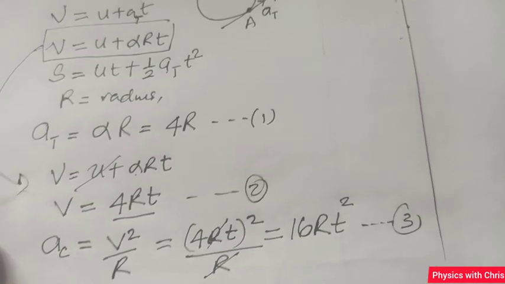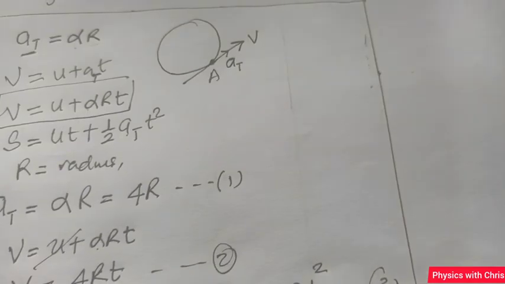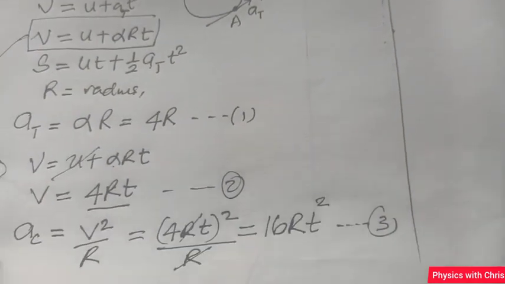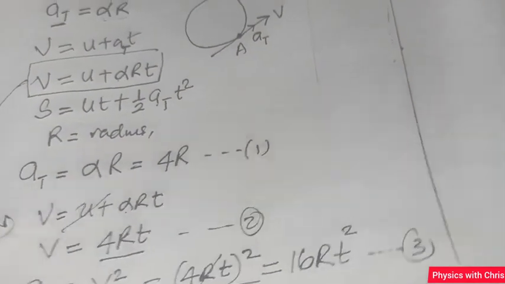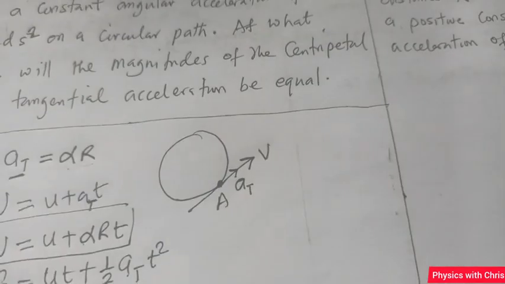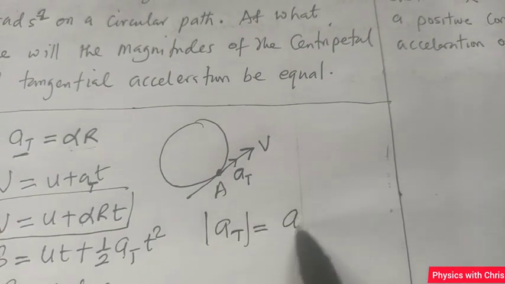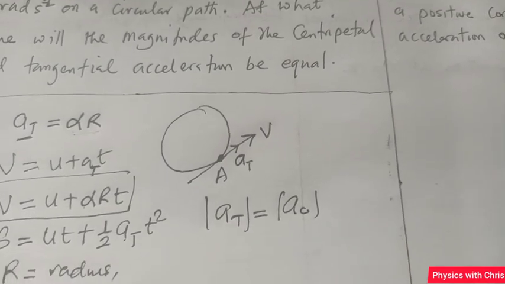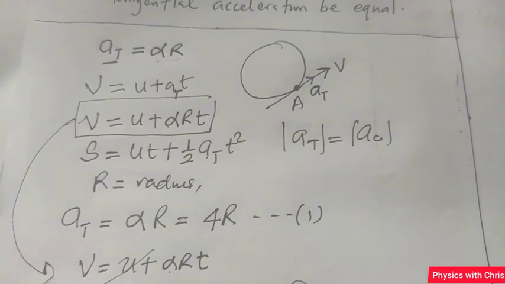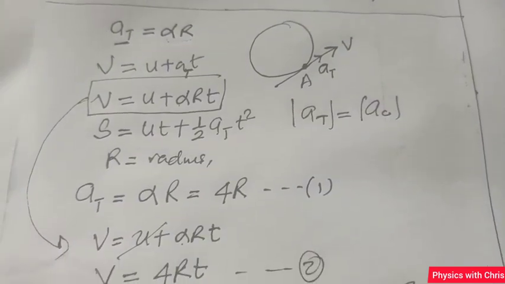So the question is saying that at what time would the two accelerations, that is their magnitudes, be the same? That is, at what time will I have a_t magnitude equal to a_c magnitude? So I'm going to equate the two expressions for the accelerations, tangential acceleration and centripetal acceleration.